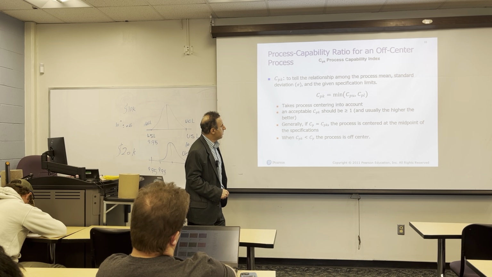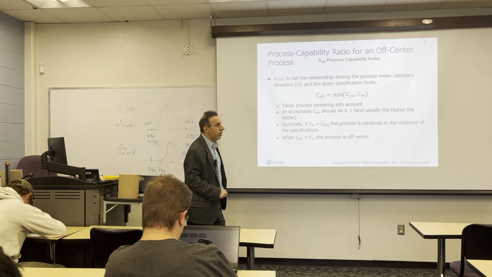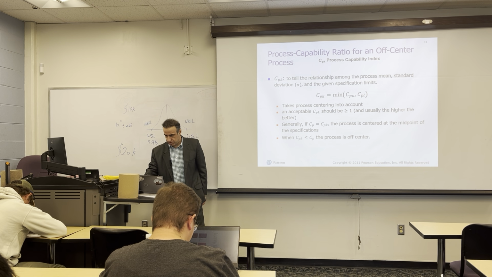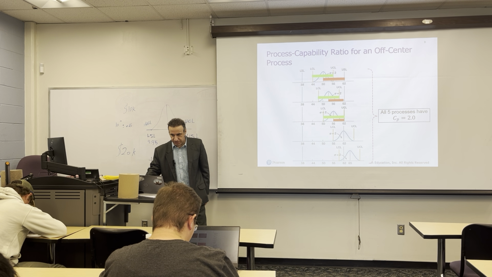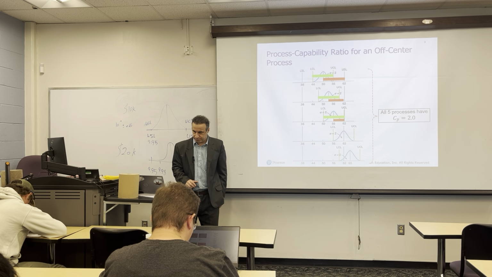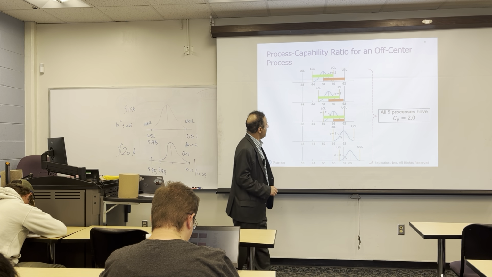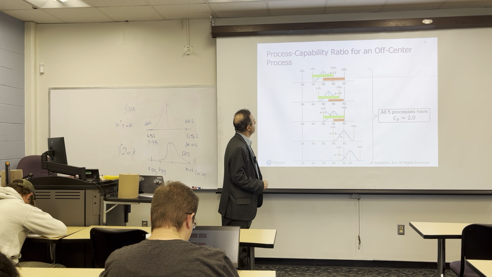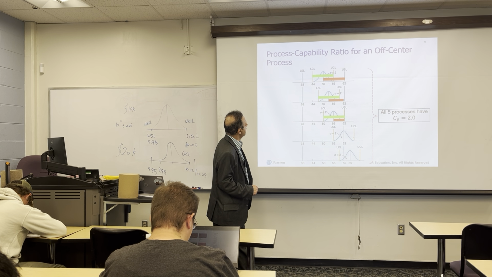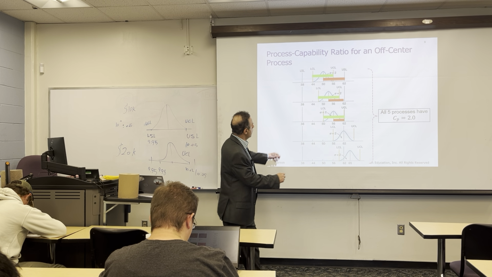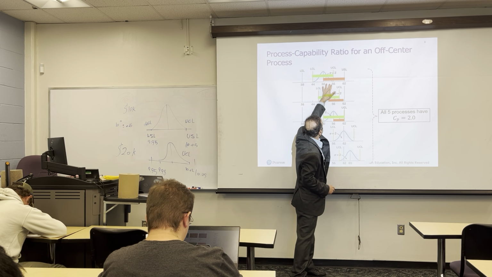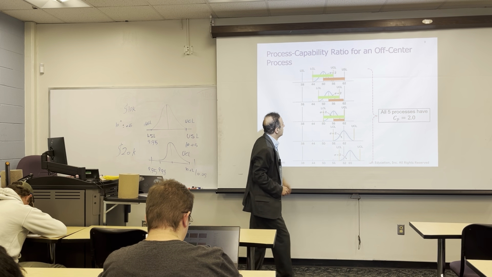So acceptable CPK should be 1. When is CPK 1? CPK 1 will be when this portion divided by this portion is the same.